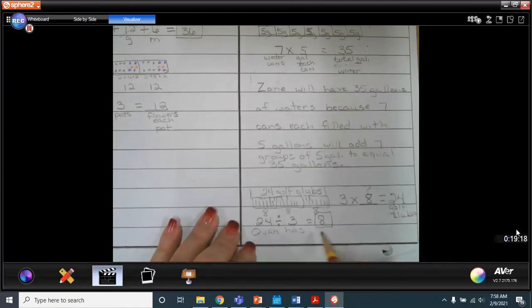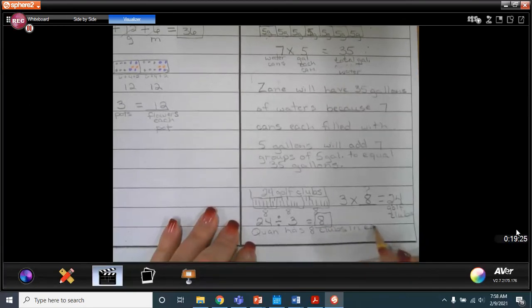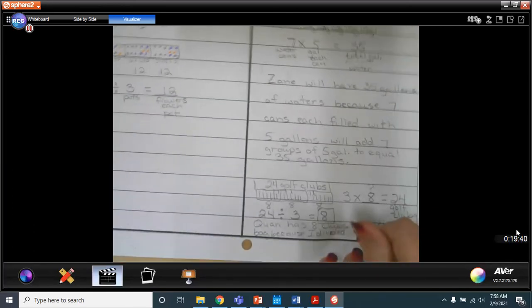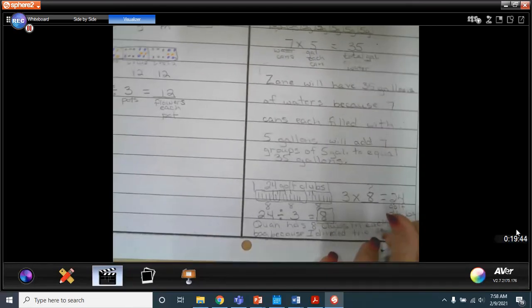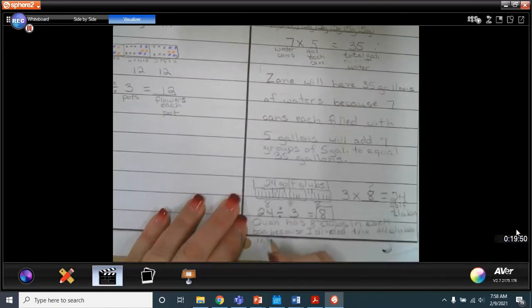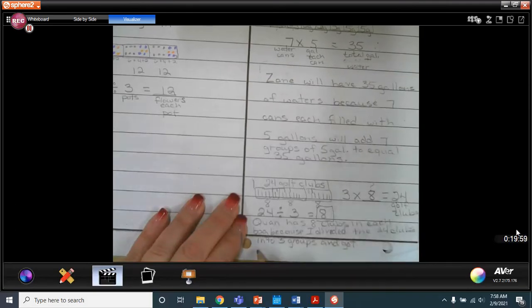Now I can take what I know about my problem and I could say, Quain has 8 clubs in each bag because I divided the 24 clubs into 3 groups, and I got 8 clubs in each bag.